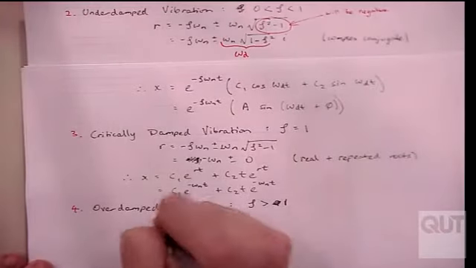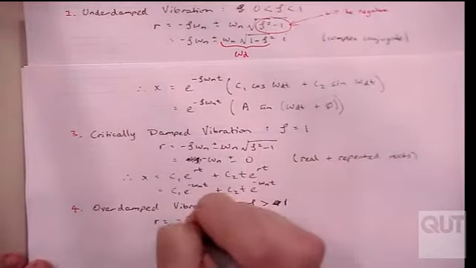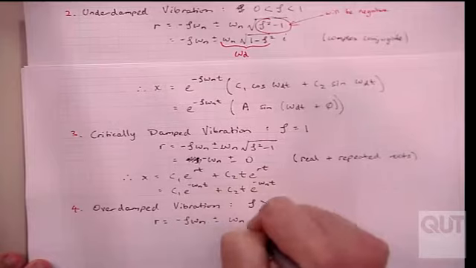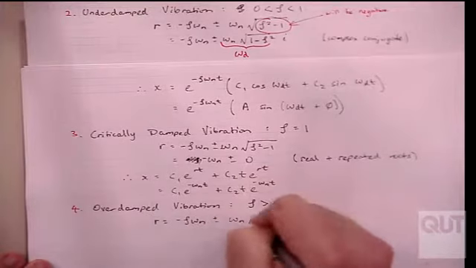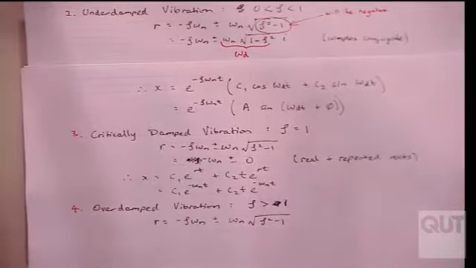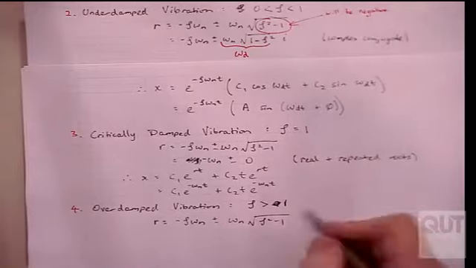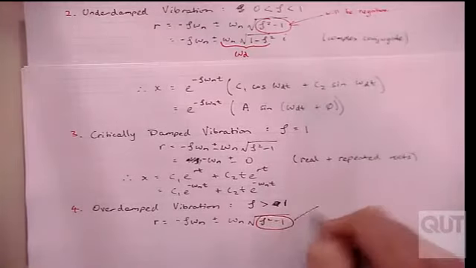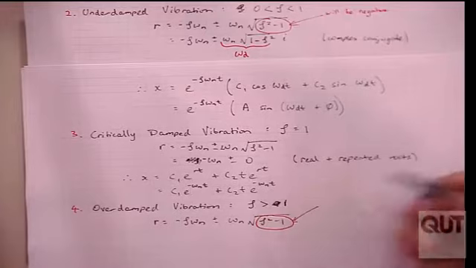Our roots are negative zeta omega n plus minus omega n times the square root of zeta squared minus 1. If zeta is greater than 1, then this number in here is always going to be positive.